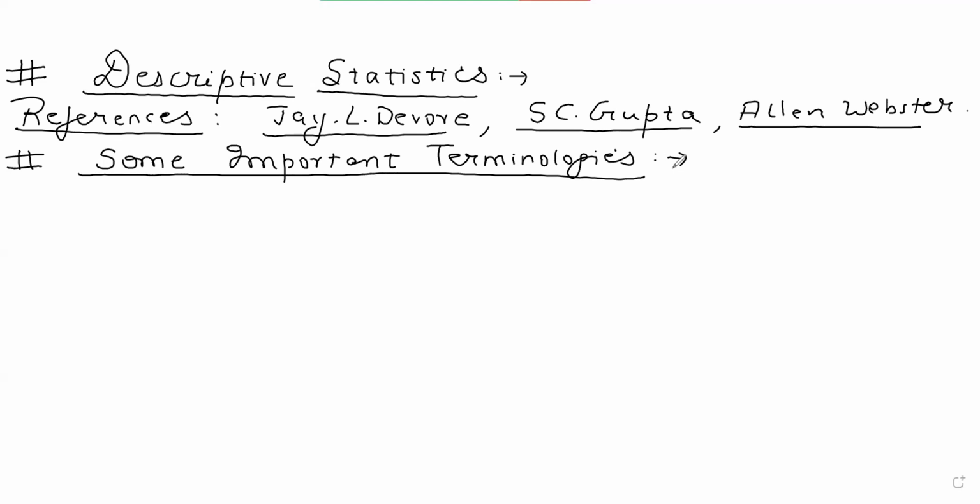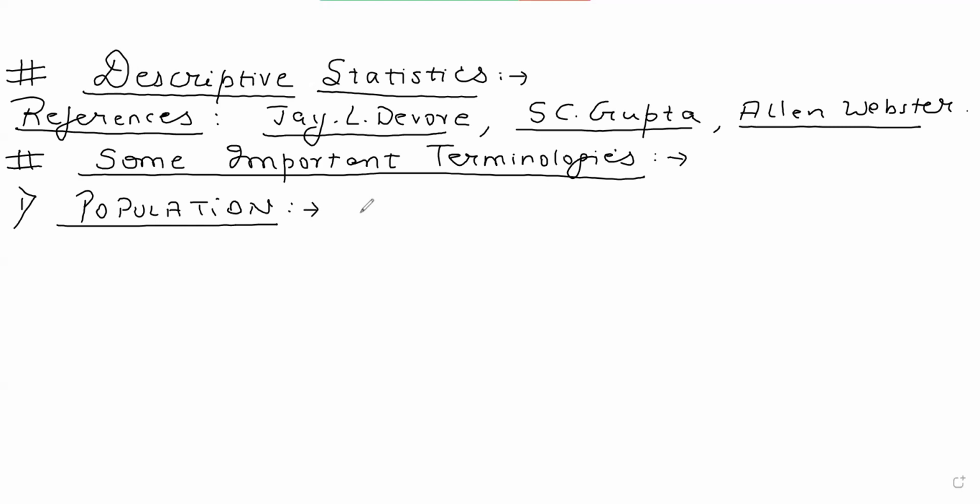Let's first understand what is meant by a population. Although the topic is descriptive statistics, eventually we are also going to focus on inferential statistics. That's the next branch of statistics, where we have something called the population and something called the sample. So before digging deeper, let's understand what is meant by a population.